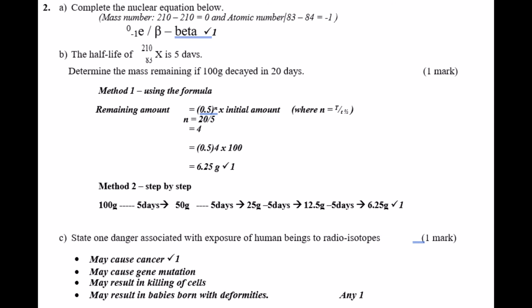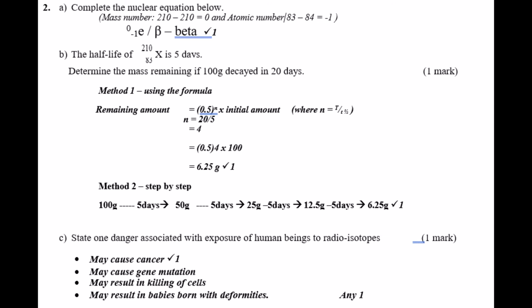The n here is the total time divided by the half-life of the material. 20 divided by 5 gives 4. So 0.5 raised to the power 4, multiplied by 100, gives a remaining amount of the radioisotope X of 6.25 grams.